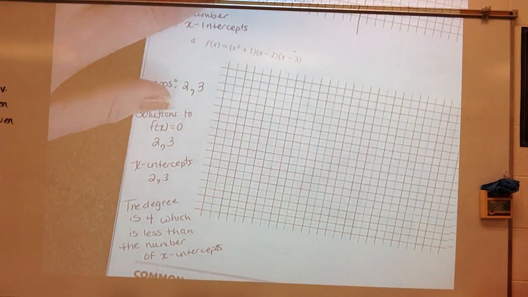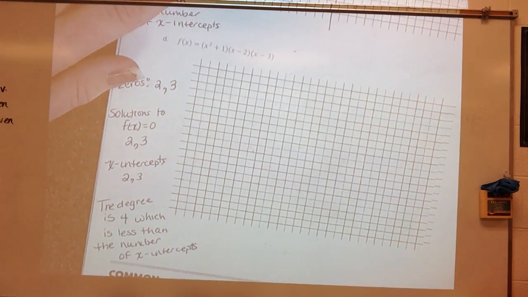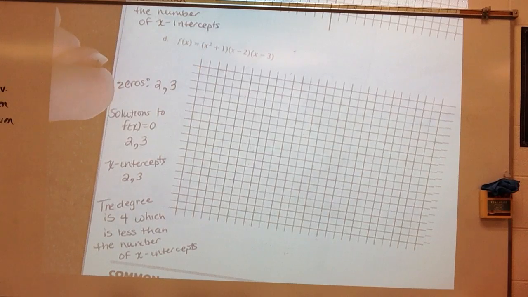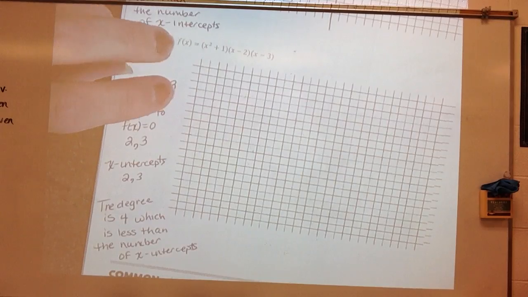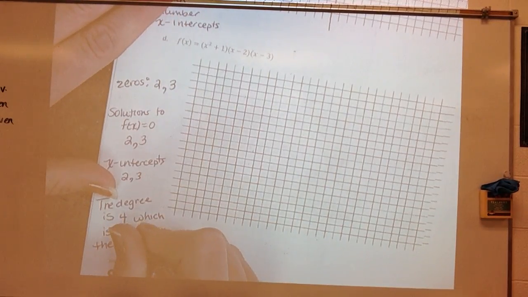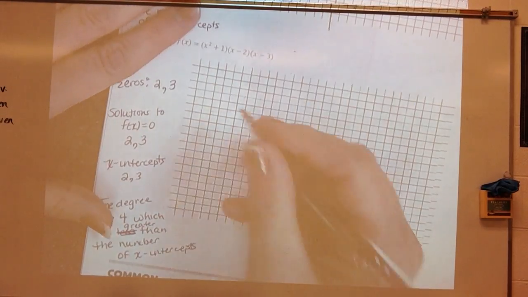Okay? It would be less than the number of x-intercepts because I can't find zeros at my x squared plus 1. All right? I'm sorry, that's greater than. I was thinking opposite here.